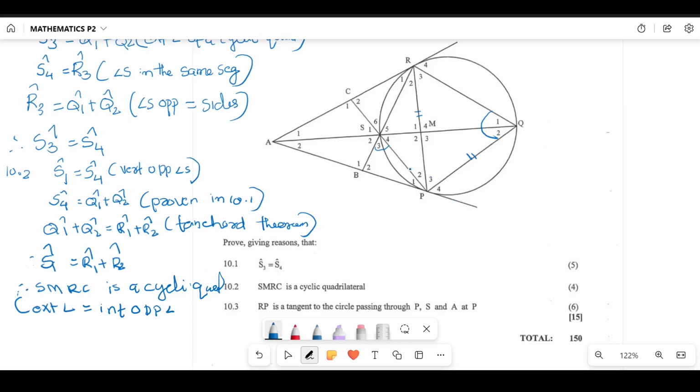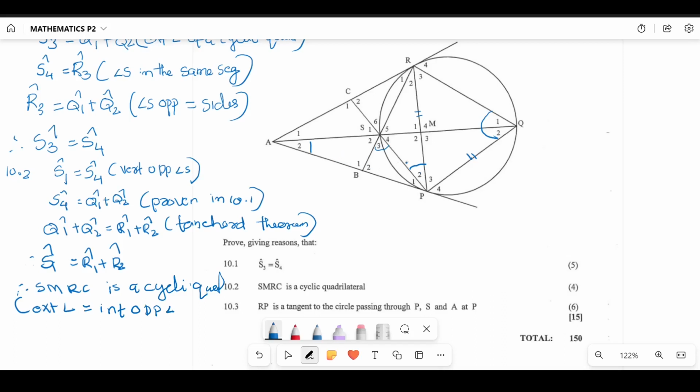So what you are ultimately going to prove is that P2 equal to A2. This will be the tangent and the chord, you are proving that the angle between the tangent and chord is equal to the angle subtended by the chord. So you are required to prove that P2 equal to A2 here.